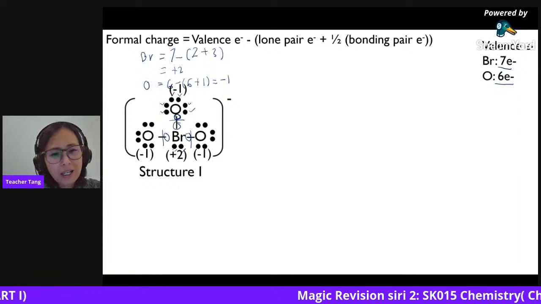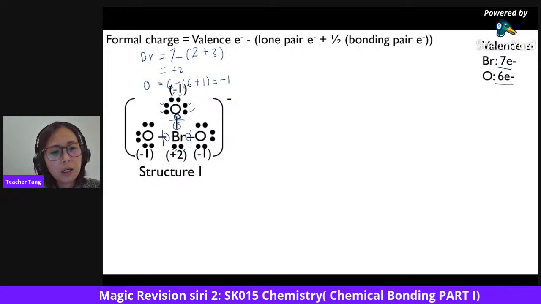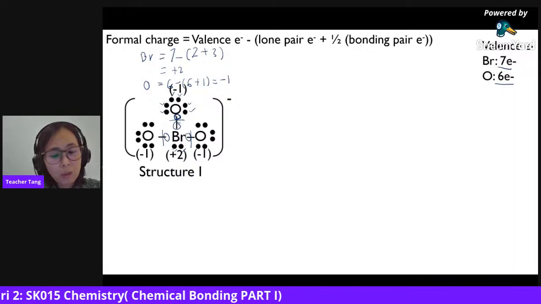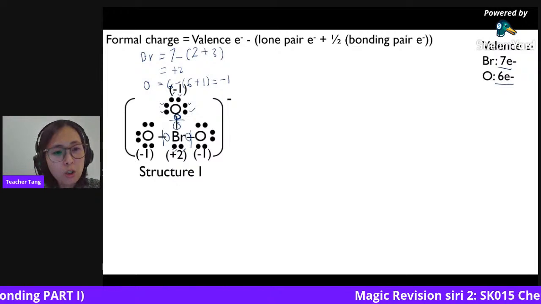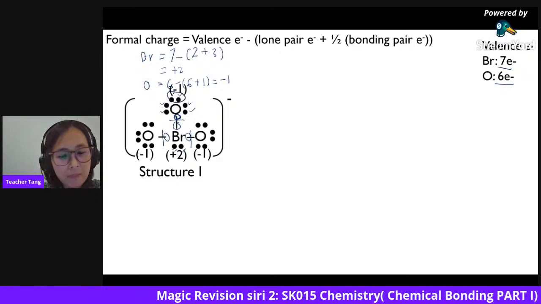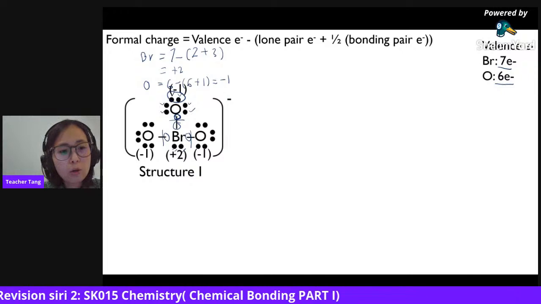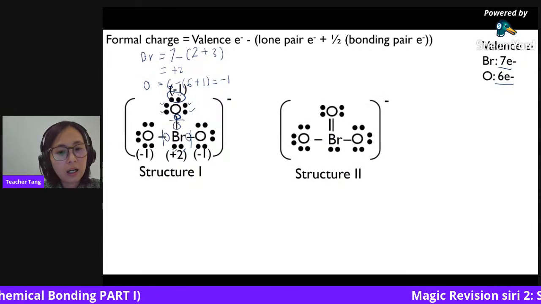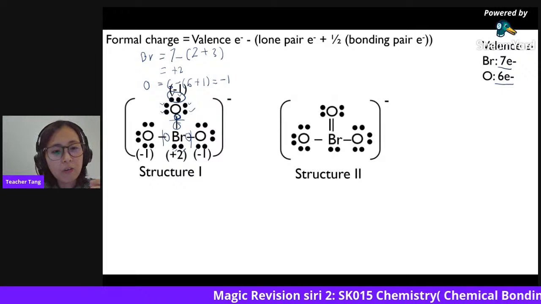So this means that structure 1 does not yet have the lowest possible formal charge on the atoms. What we can do next is draw a multiple bond using the lone pair on the terminal atom, in order to get another structure with lower possible formal charge.